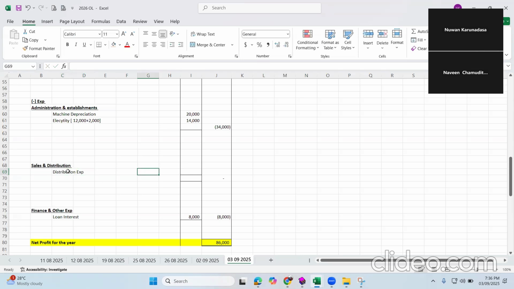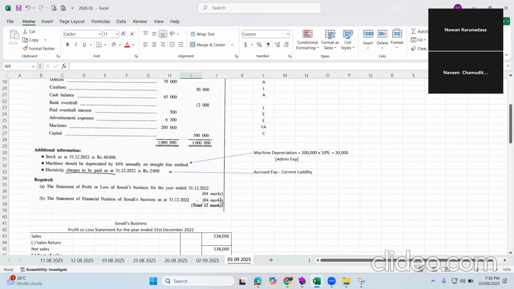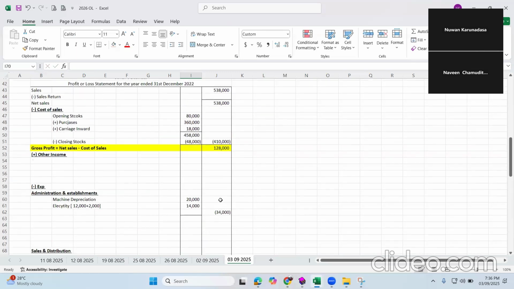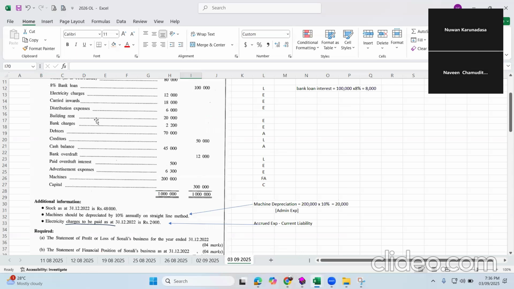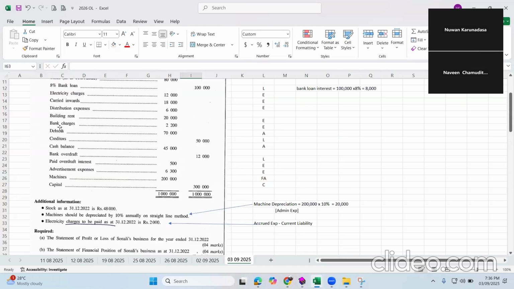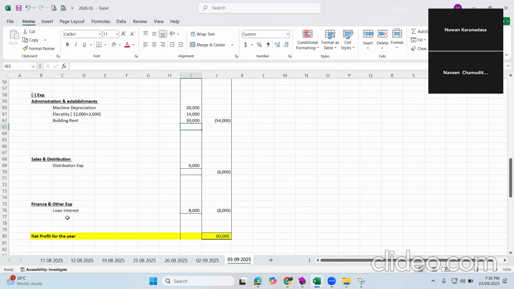Distribution expense 6,000. Building rent 20,000 to admin. Then bank charges and fine 2,200, finance and other. Bank charges 2,200.